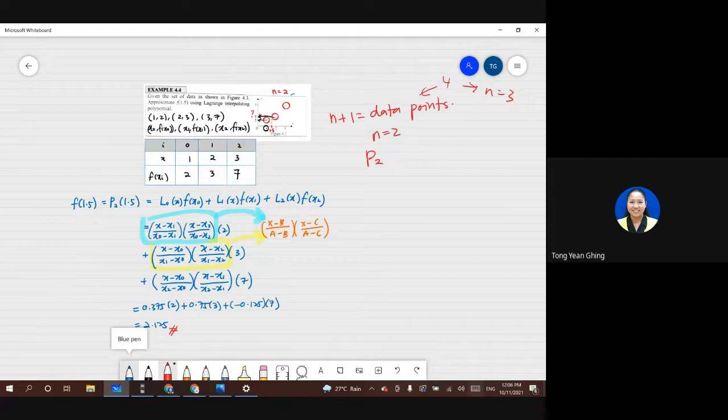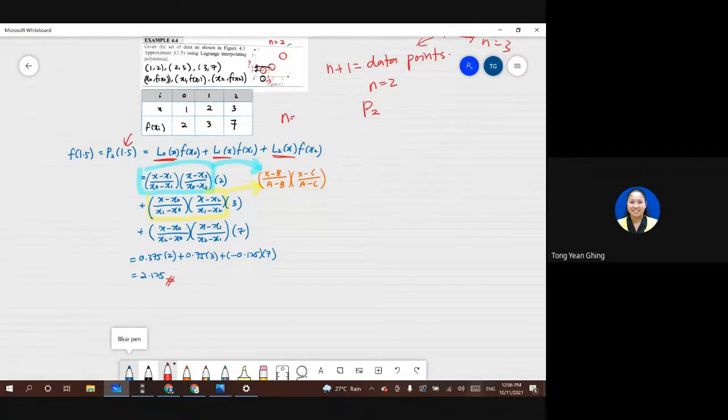When we extend, we have L0, L1 until L2, depending on n. Then solve: we substitute the value of x based on the value that we want. So let's say you want to find the value of y when x is equal to 2.7, then you just key in the value 2.7 here. Okay, that's all for today.